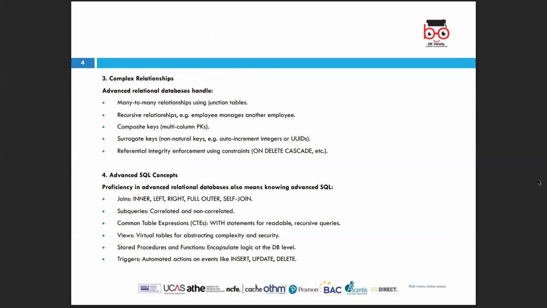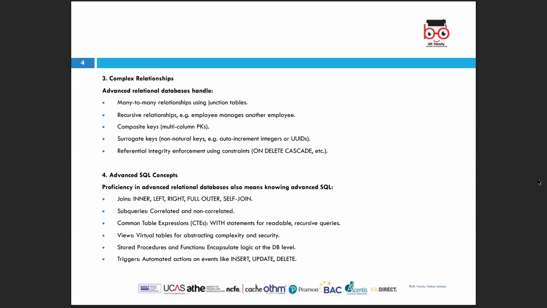We also have complex relationships, where again from our ERD we'll understand our types of relationship. For example, we have many-to-many relationships using a junction table, and recursive relationships, for example, employees, managers, and other employees.